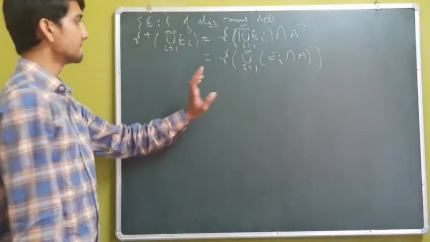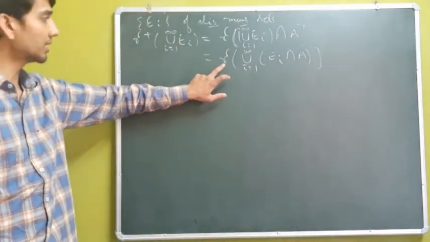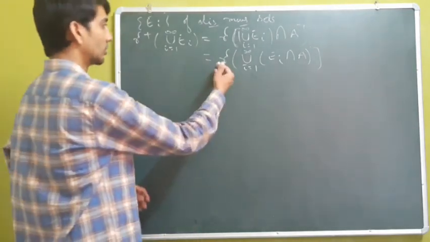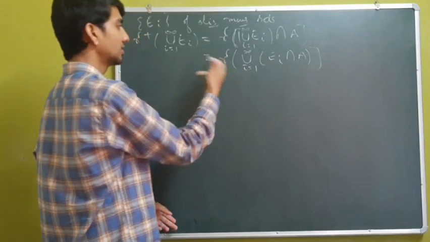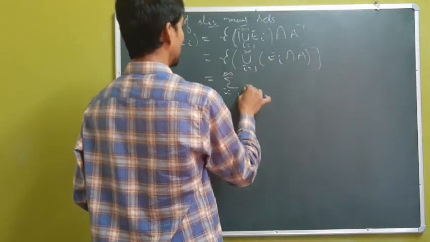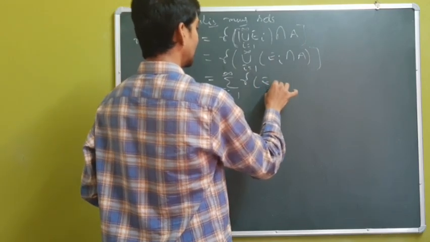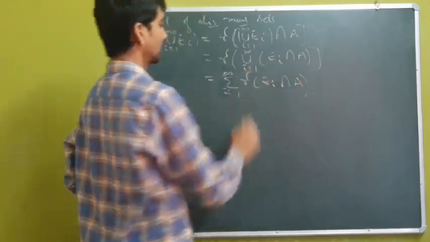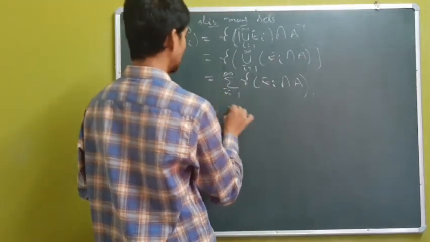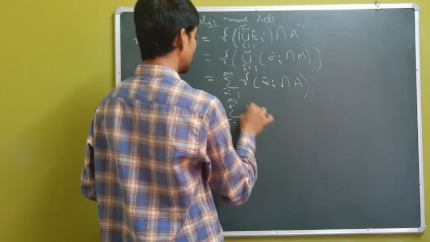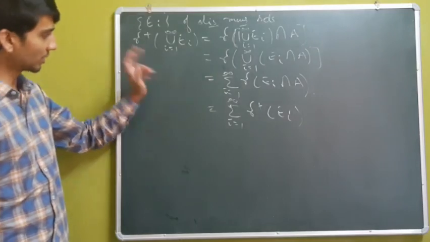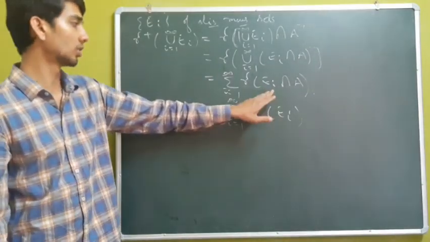Since gamma is a signed measure, it is countably additive, so this is the same as the summation of gamma of E_i intersection A. By the definition of the positive part, I can write this as the summation from i equals 1 to infinity of the positive part of E_i.